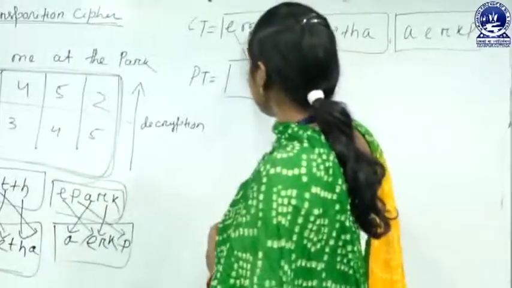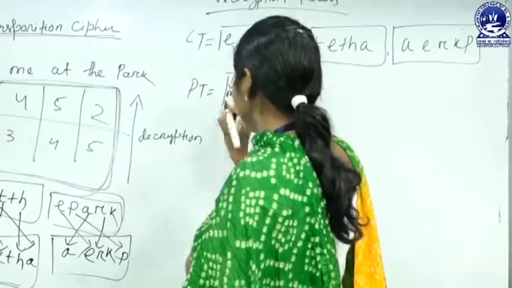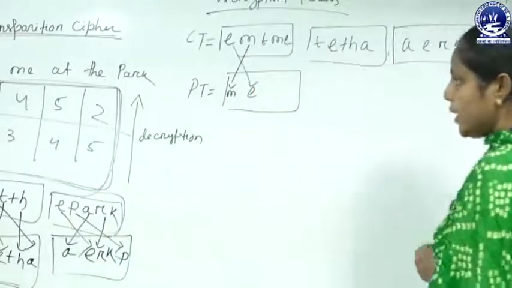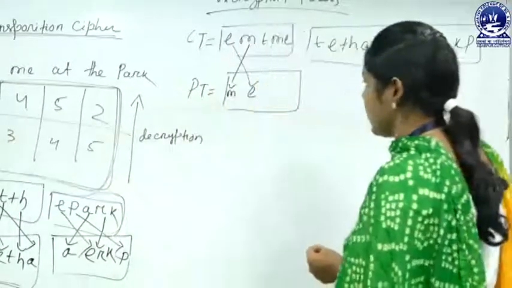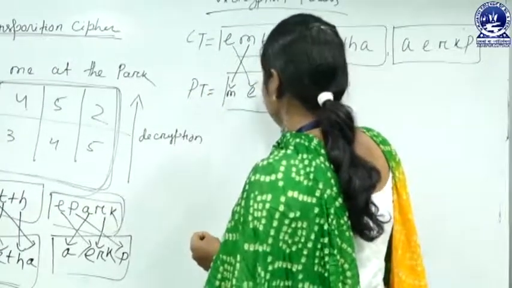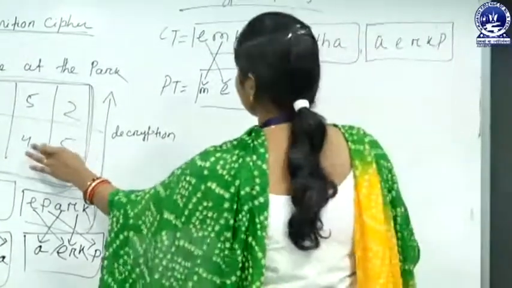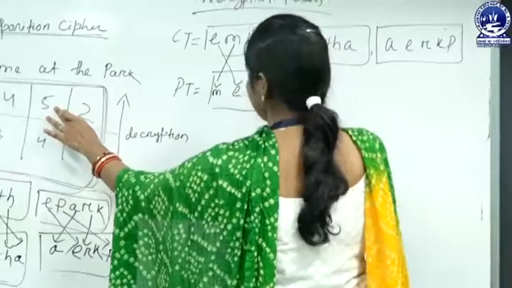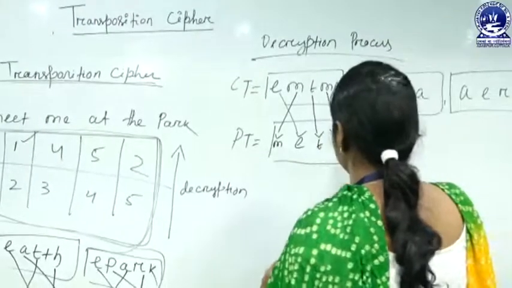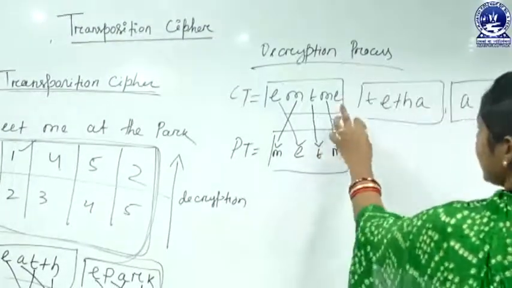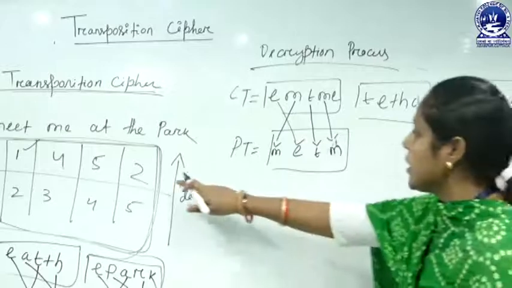Here the second character is M, which becomes the first character of our plain text, that is M. Then next the third character of our ciphertext becomes the fourth character, that is T. Then the fourth character of our ciphertext becomes the fifth character, that is the last character, that is M. Then next the fifth character of our ciphertext becomes the second character.